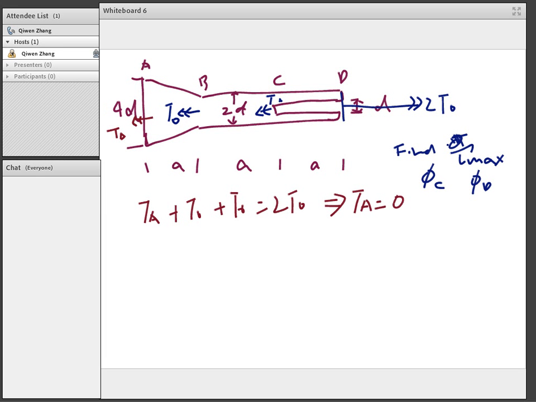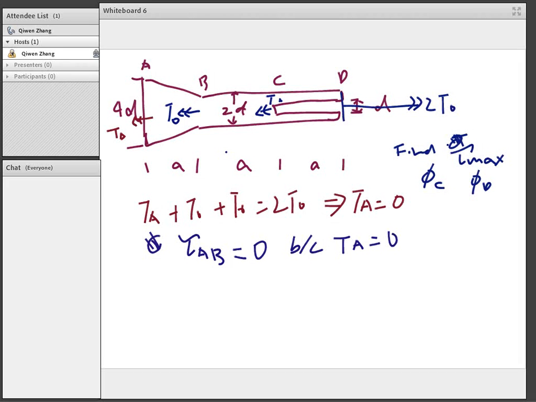Which means there is no shear between the rod segment A and B. So tau AB is equal to 0 because TA is equal to 0.